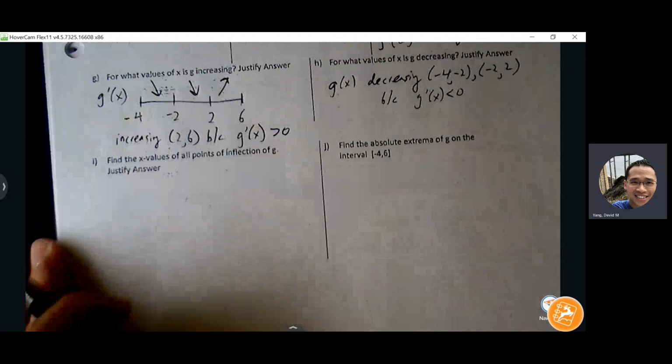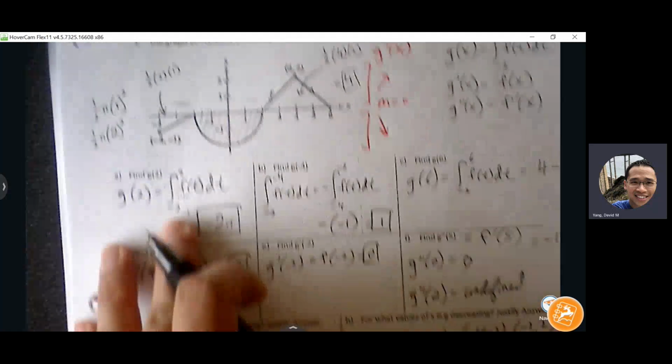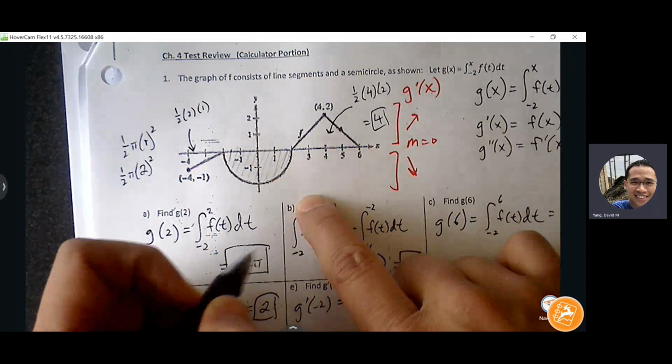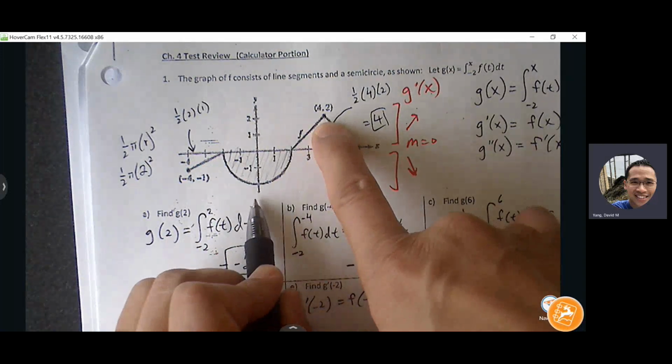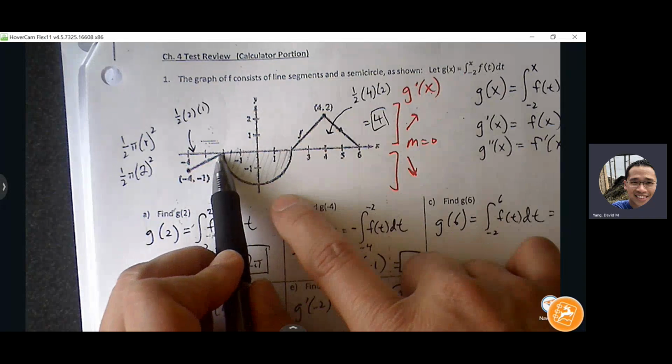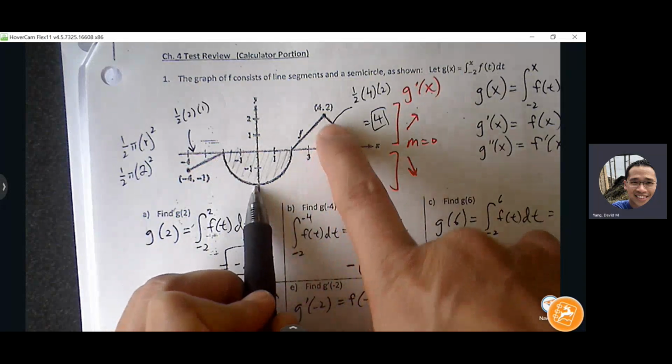Find x values for all points of inflection. So points of inflection, we're looking at the derivative graph. How do we find points of inflection? Peaks and valleys. Okay, so there's 3 of them, right? I have -2, 0, 4.